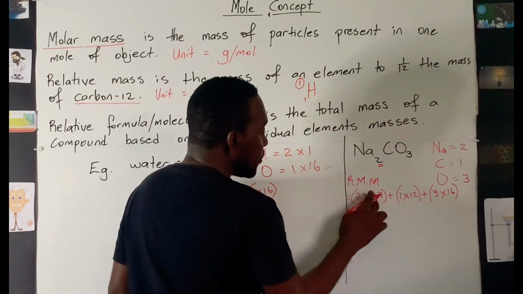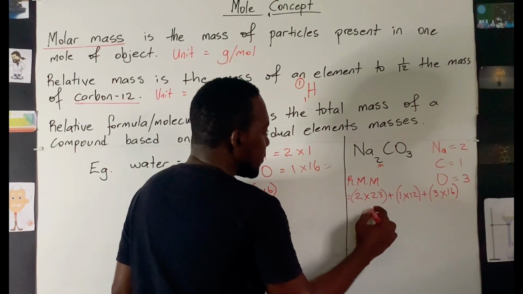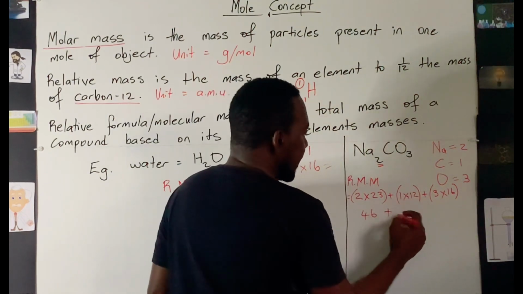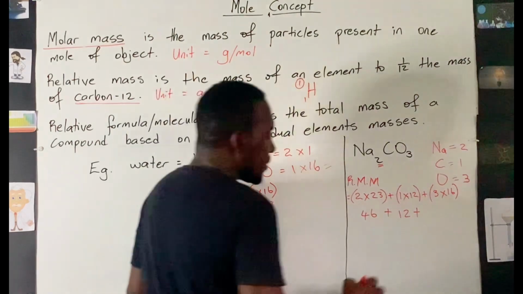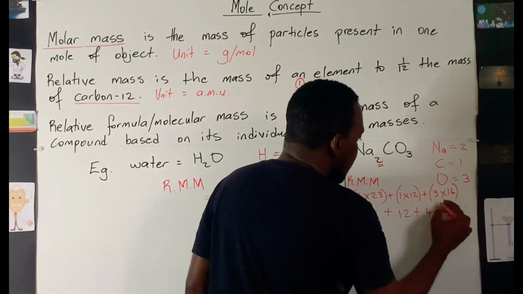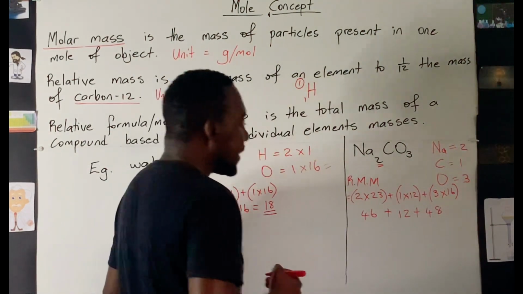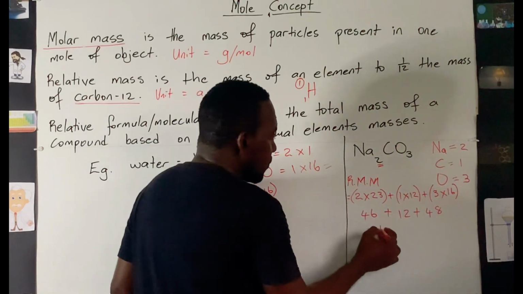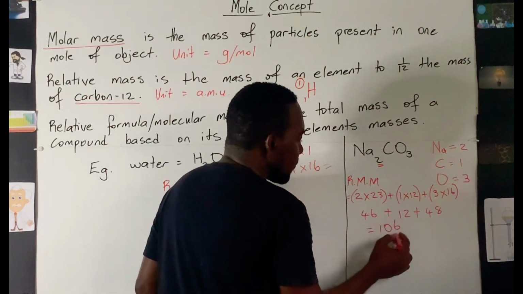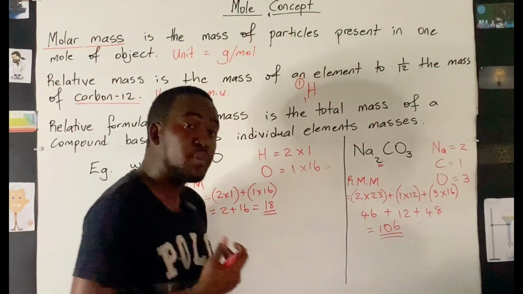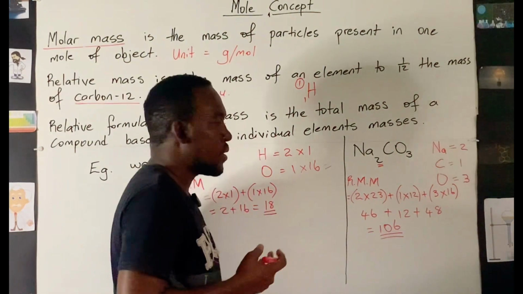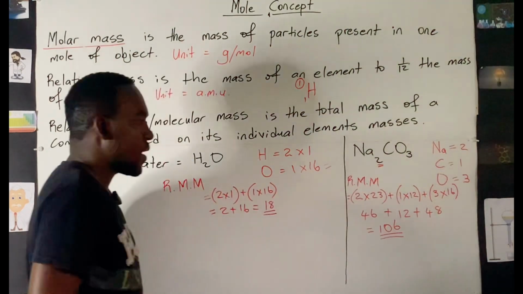So here we have 2 times 23, which is 46, plus 1 times 12, 12, and then 3 times 16, which is 48. When we add this up, we get 106. So 106 represents our relative molecular mass or formula mass of sodium carbonate.